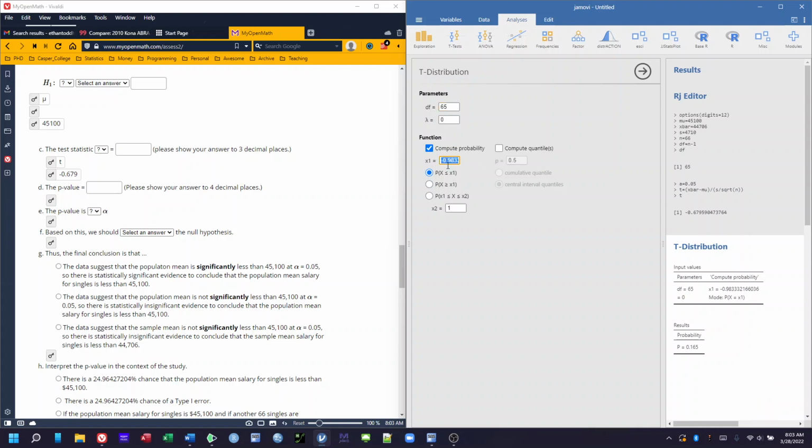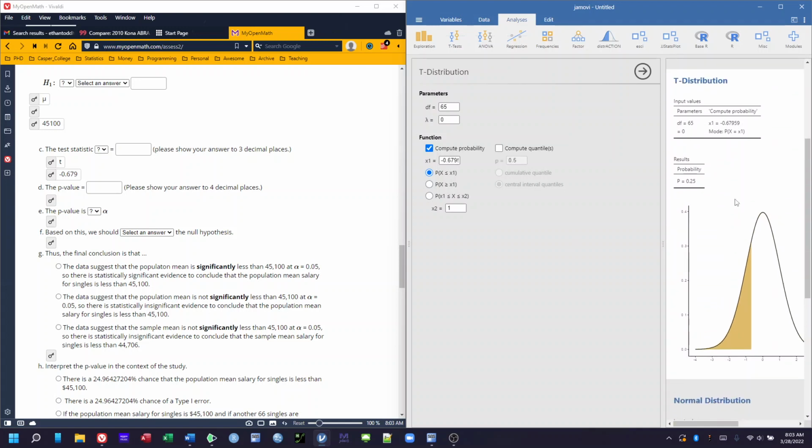And let's calculate out our probability, and it's going to be of negative 0.67959. That's good enough. Okay, so if we did one tail, let's take a look at our t-distribution.